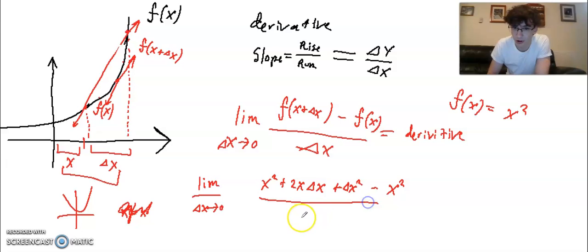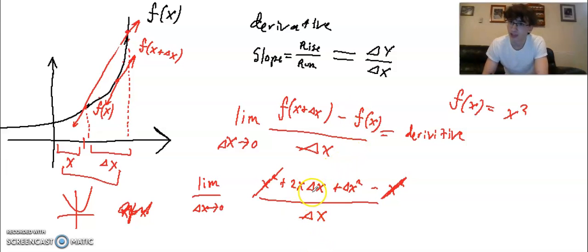But this is also all over delta x. But one thing I realize is this is a positive x squared, this is a negative x squared. So these actually cancel. And here's like a pro tip. If you do this and things aren't canceling, you probably did something wrong.